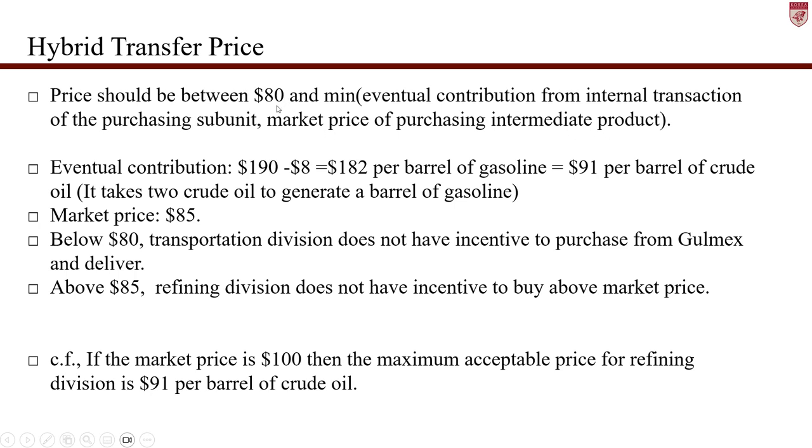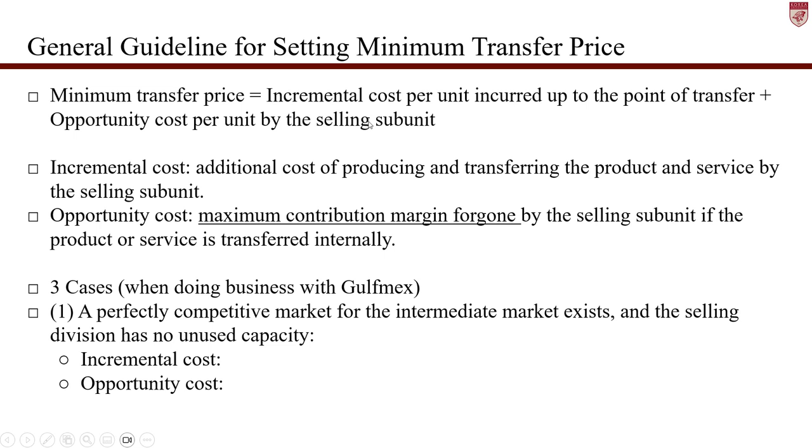For the minimum price within this range, it's also slightly more sophisticated. And it comes from this equation: incremental cost per unit the selling subunit incurred up to the point of transfer plus the opportunity cost per unit of the selling subunit.